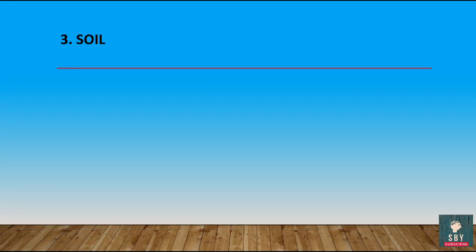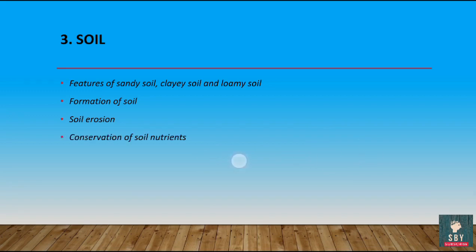Now, with my third topic, that's soil. Now with soil, know the features of the sandy soil, the clay soil, and the loamy soil. The formation of soil, that is rock weathering. Soil erosion, causes of soil erosion, how to prevent soil erosion, and then conservation of soil nutrients.